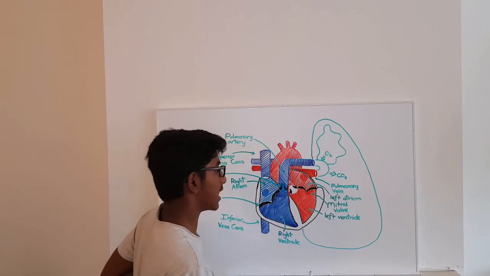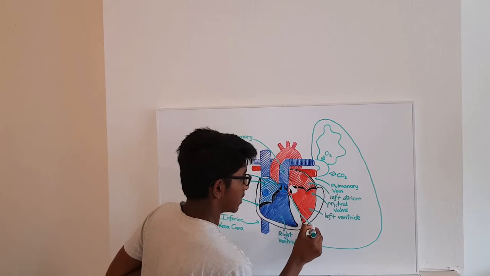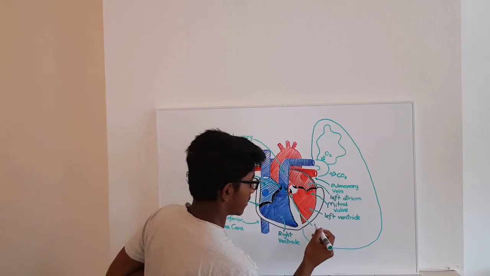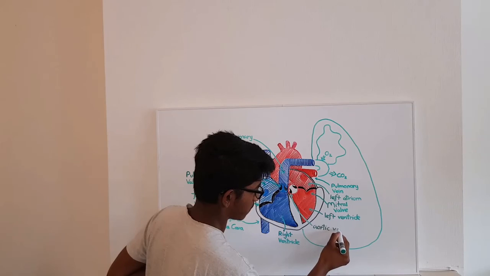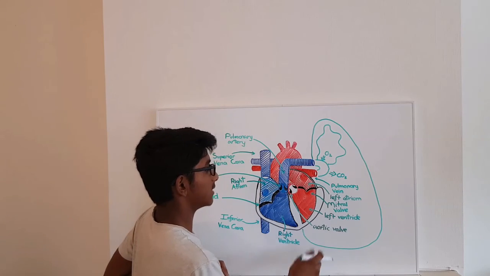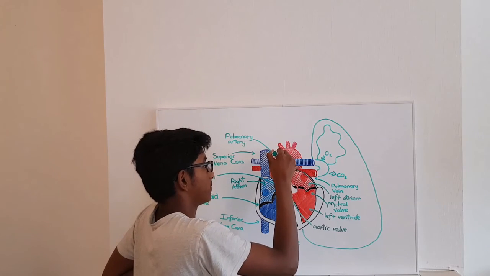And before it does that, the blood passes through another set of valves, and it's called the aortic valve. The aortic valve. And this gives us a clue to what we'll see next, and it's the aorta.